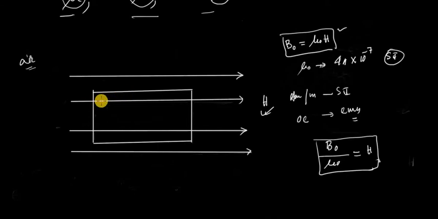That's why, as I discussed in my last video, this side of the sample gets an S pole induced, and this side gets an N pole induced.